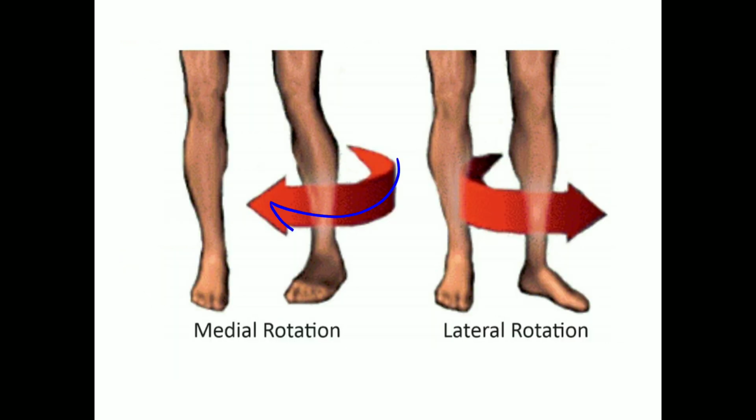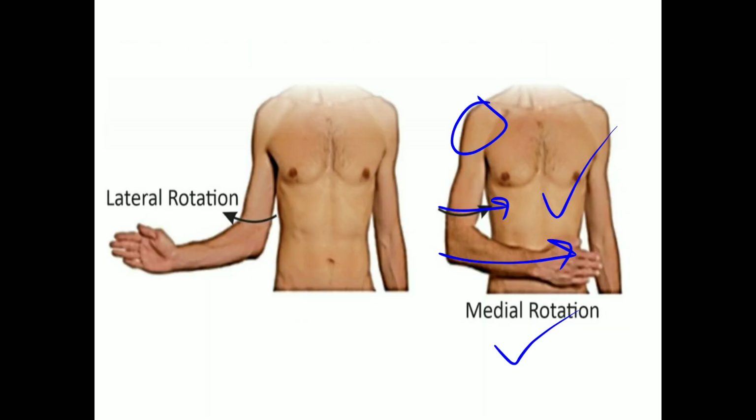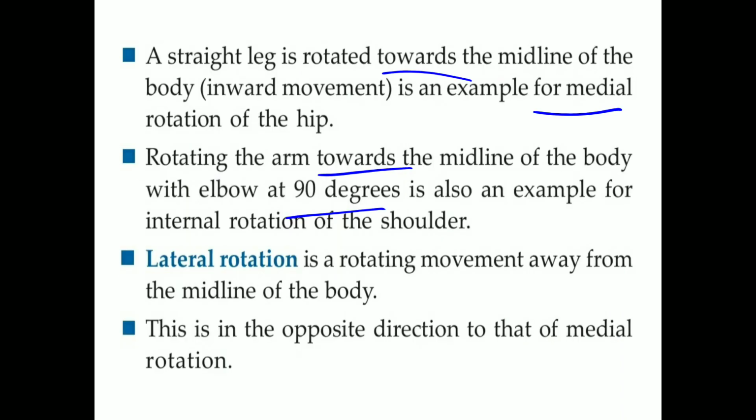Here it is being brought in, which is medial rotation. The movement is taking place at the hip. And rotating the arm towards the midline of the body with the elbow at 90 degrees is also an example of internal rotation, here medial rotation.